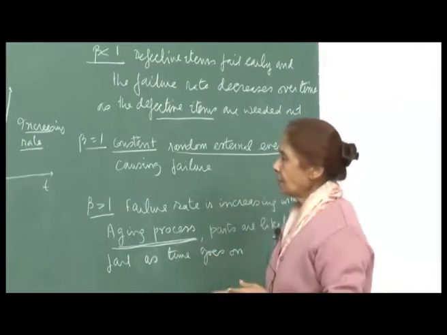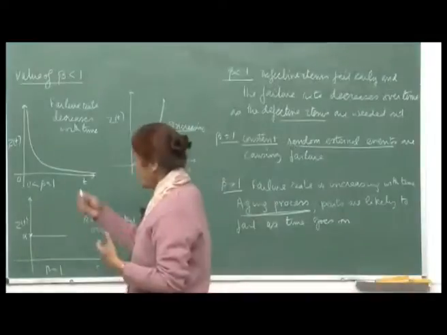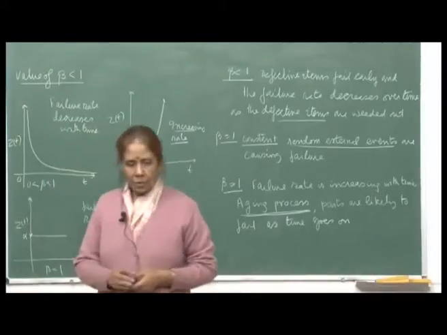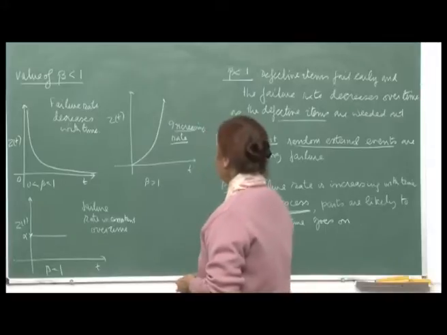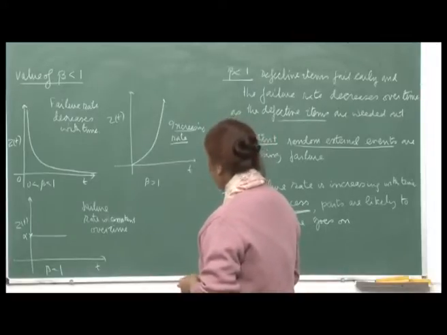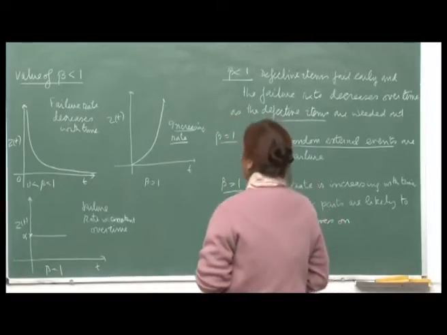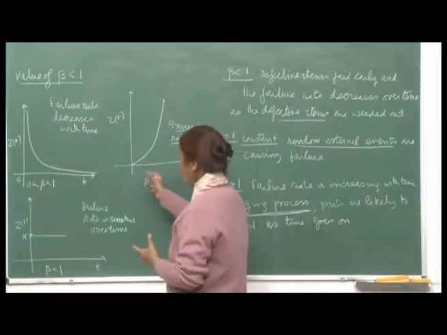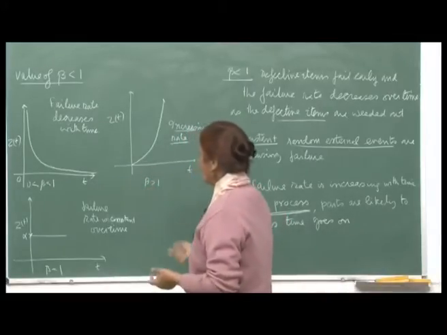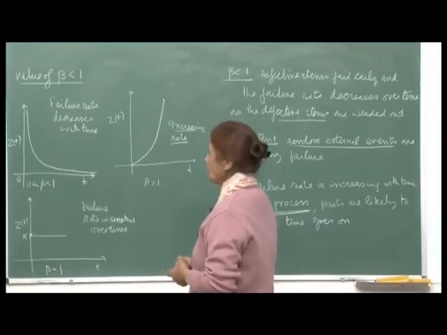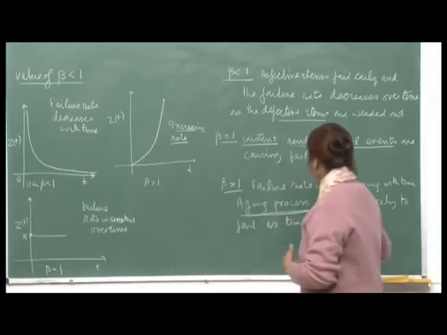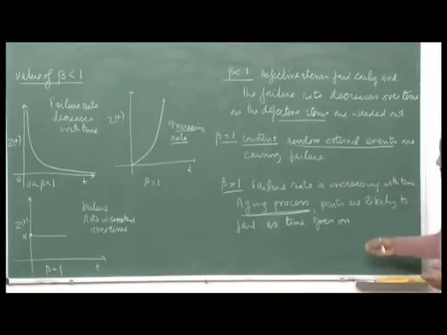So, you see, this certainly captures more than one situation; it is a more complex and more comprehensive failure law. You can play around by manipulating the values of beta and alpha and try to get accurate results. So, this is the whole idea, and we will continue with the discussion on Weibull distributions.